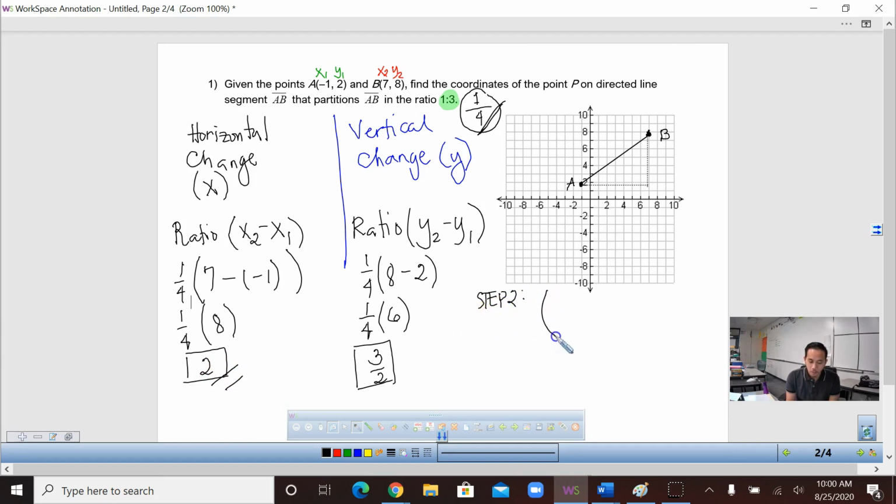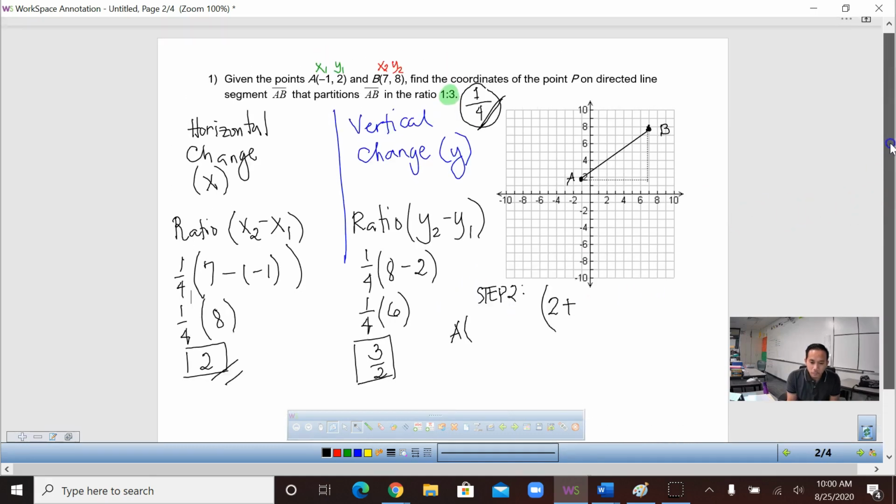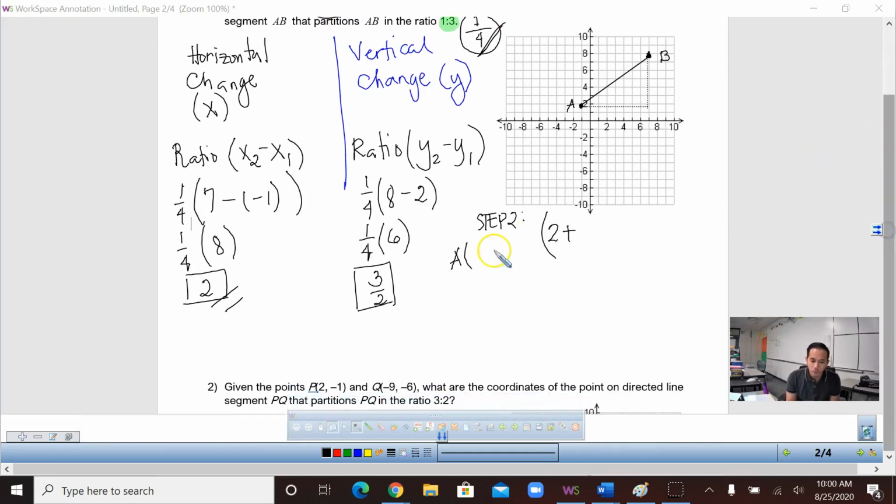Okay, I'm going to put a parenthesis because what we are looking for now is a point. Okay, we are looking for a coordinate, meaning there is an x and y value. I'm going to get the horizontal change, which is 2, and then I'm going to add that with the first coordinate of A. Your A coordinate is -1, 2.